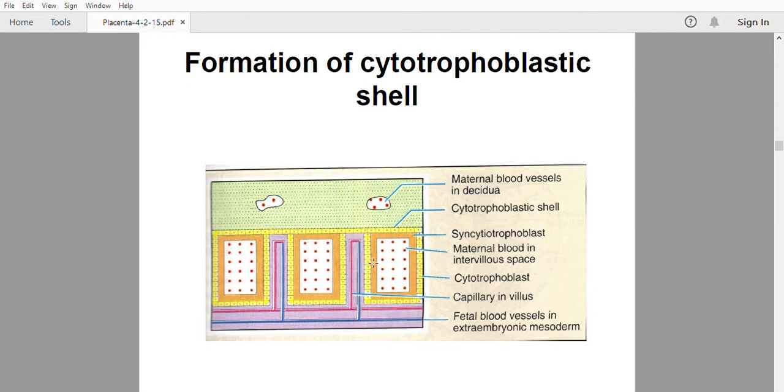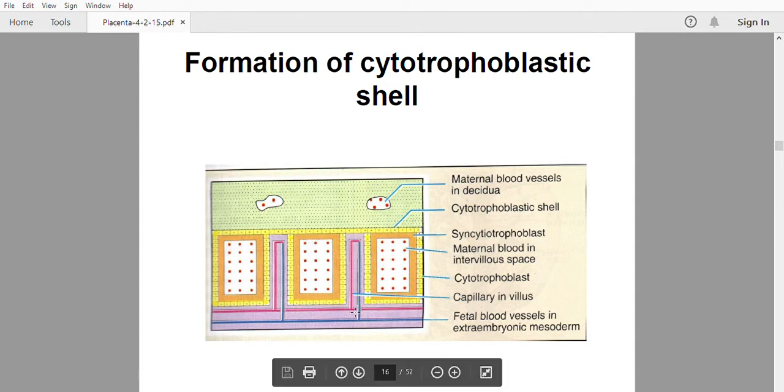In the placenta, the maternal blood circulates through the intervillous spaces, and the fetal blood circulates through the blood vessels present inside the villi, isn't it?